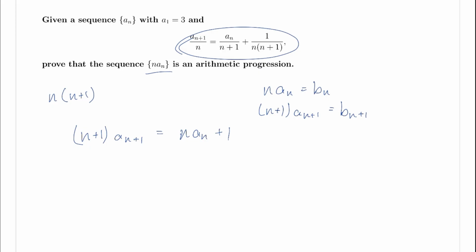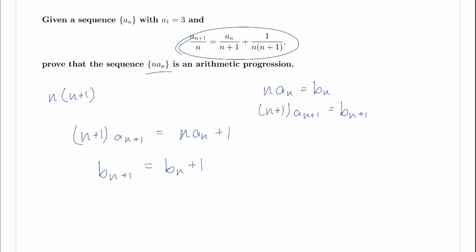And so what that's going to give us is b sub n plus 1 equals b sub n plus 1. And this is already in the form of a recursive formula for an arithmetic progression.